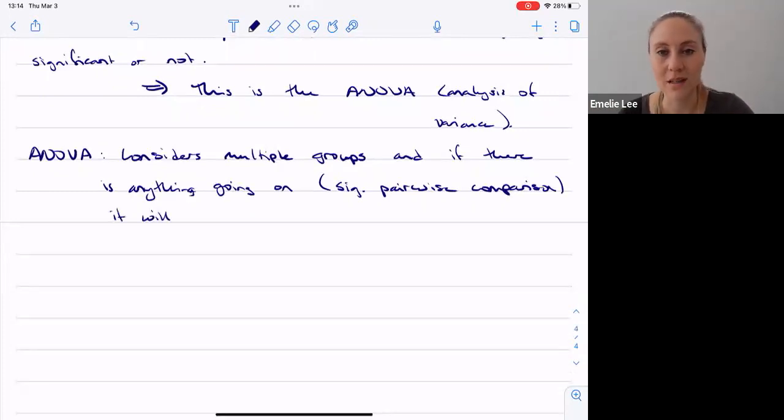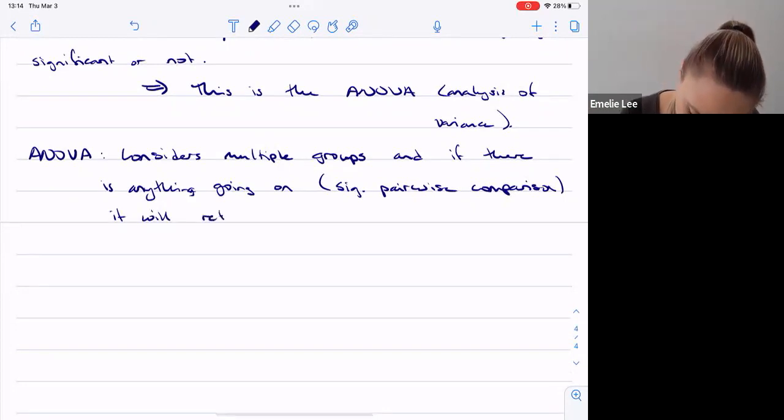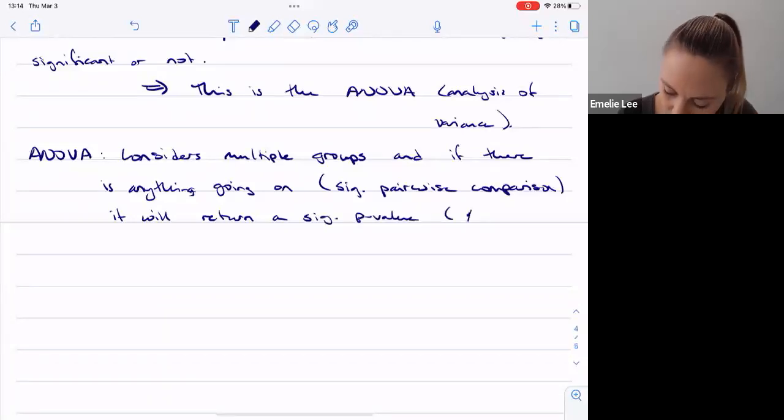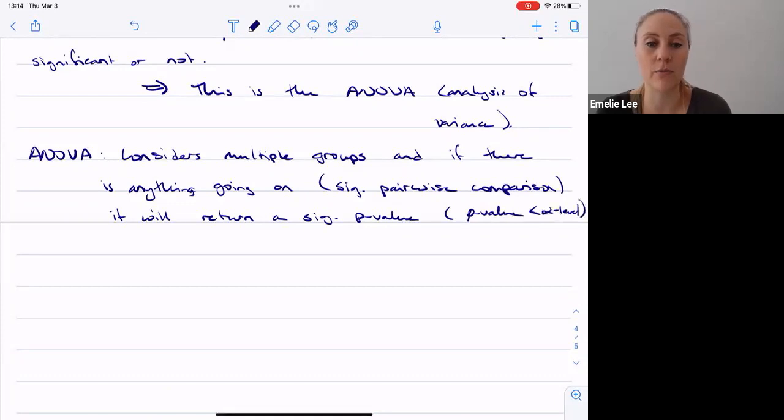It will return a significant p-value, which means the p-value is less than the alpha level. And we're back to 0.05 for that alpha level by default.